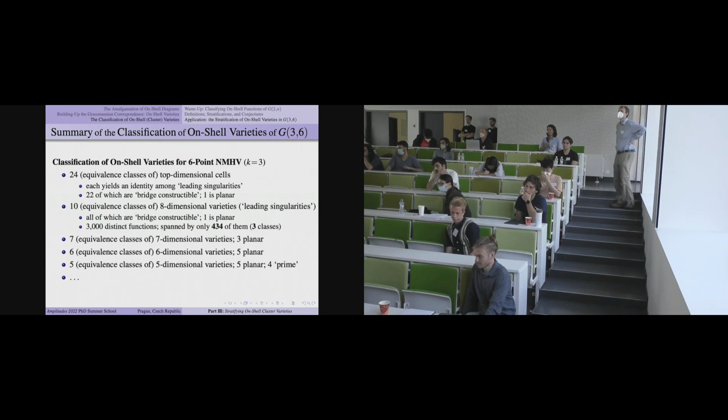But because the square move is the cluster mutation, all of these things have a cluster algebra attached to them. So that's why I'm calling, it's a buzzword that I didn't even mention in the talk, what I'm calling on-shell varieties are just intrinsically the subspaces associated with on-shell diagrams. These are all actually also cluster varieties, so they are of interest independently to mathematicians.